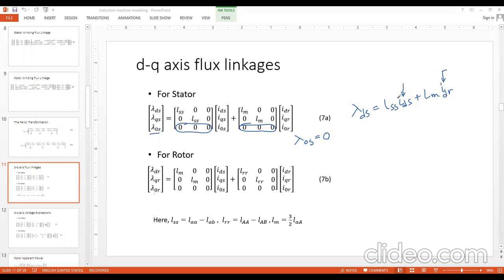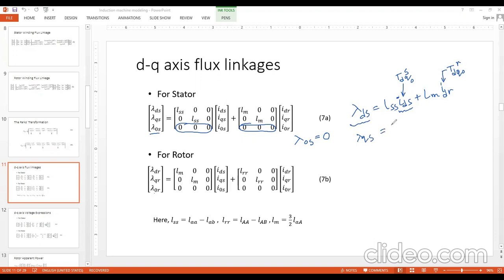Along with the transformation for the flux linkage, we also have to transform the corresponding currents, IDS. For this transformation, you would need to use TDQ0S because it is a stator quantity. The second one, however, is the rotor quantity, so you have to use TDQ0R. You have to be a little careful while using the transformation matrices.